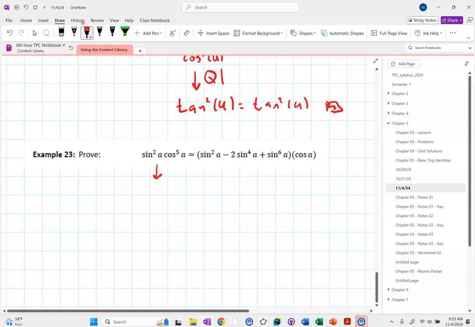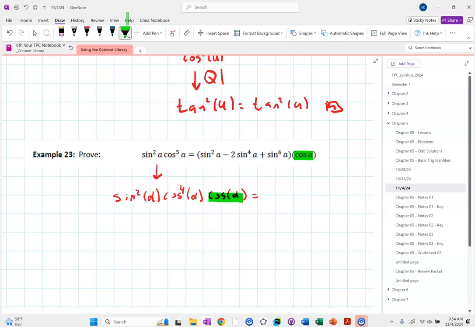All right. So the first thing that I'm going to do is look at what I'm trying to get to. So I need to have a cosine all by its lonesome. So the first thing that I'm going to do is rewrite cosine to the fifth as cosine to the fourth times cosine.